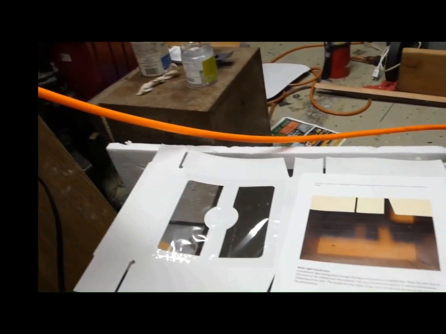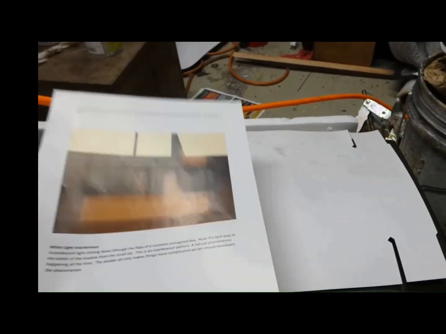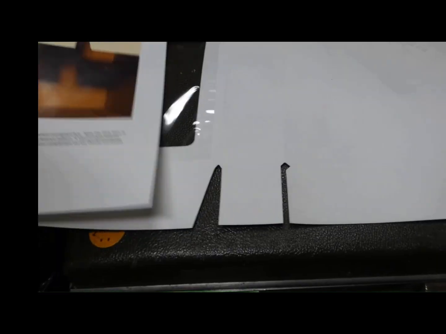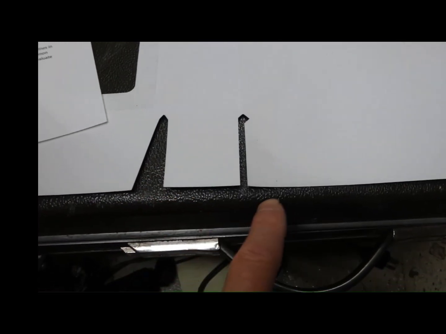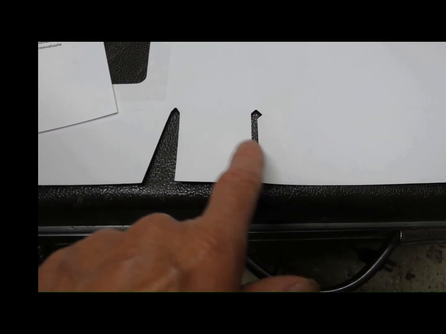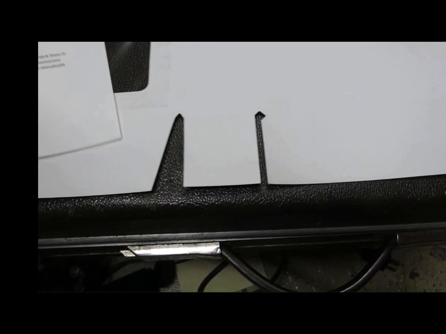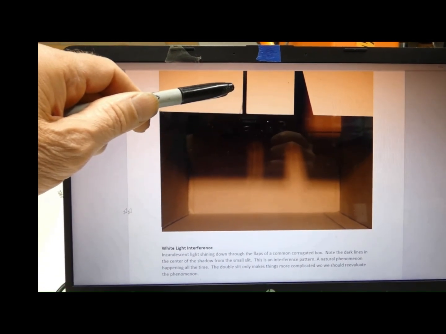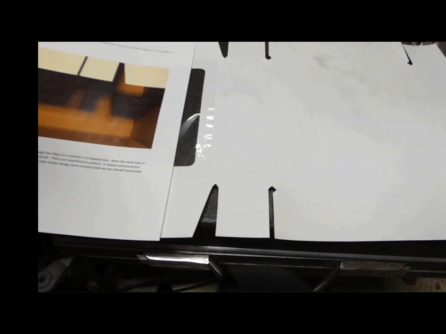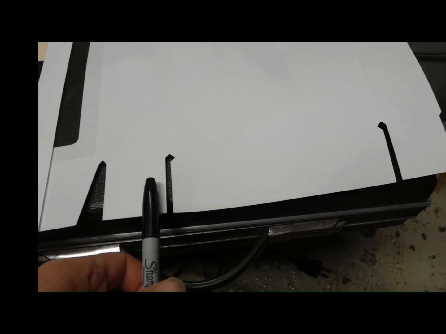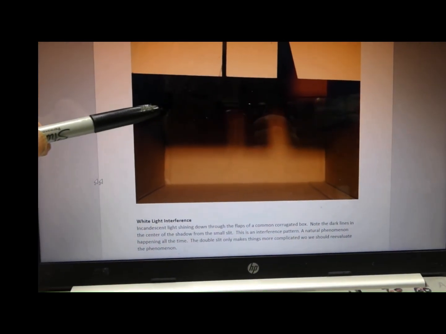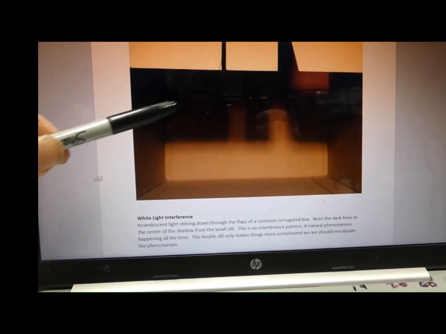This is a white light interference, and this is a paper box, and in here we have a slit. That's just a paper box. Here's what happens when you pass white light through it. Just a piece of paper, and that's how big the groove is, and it's sitting on top of a cardboard box case.